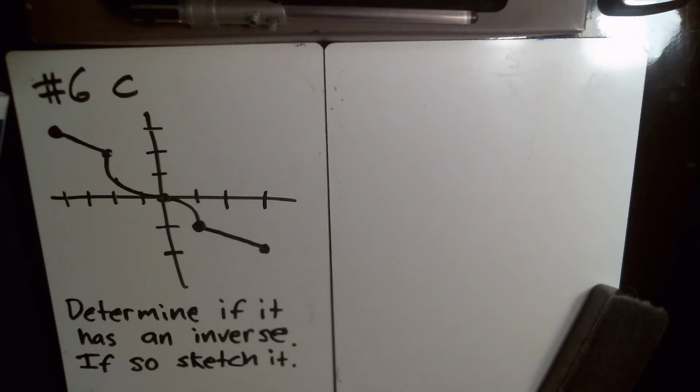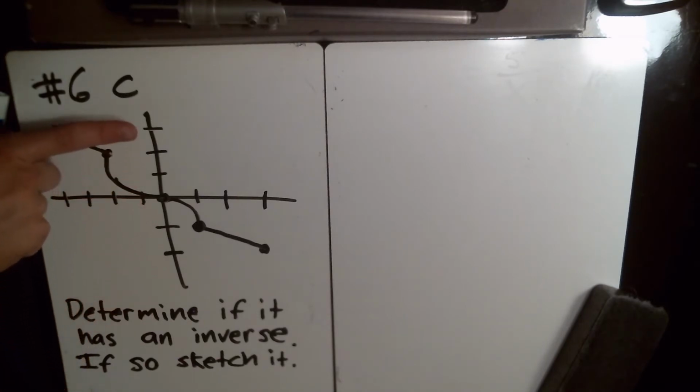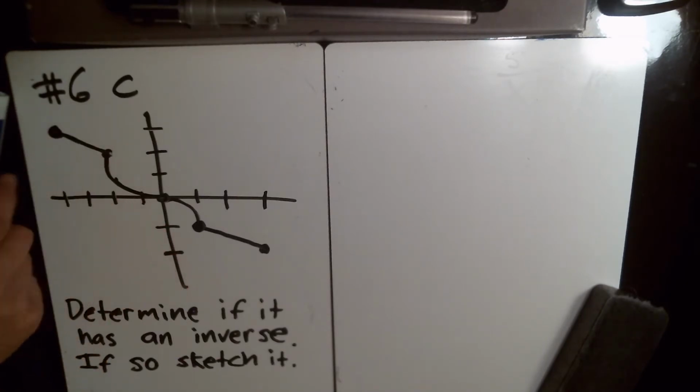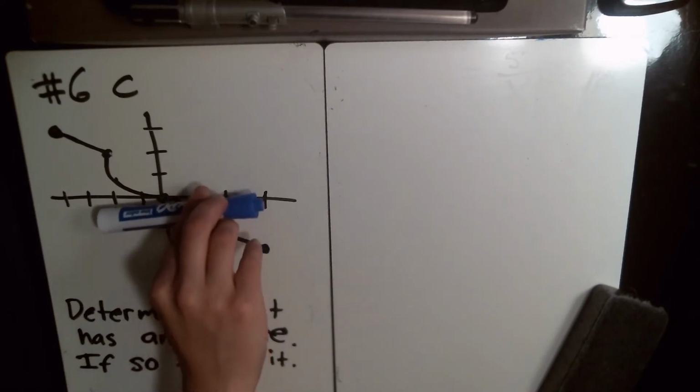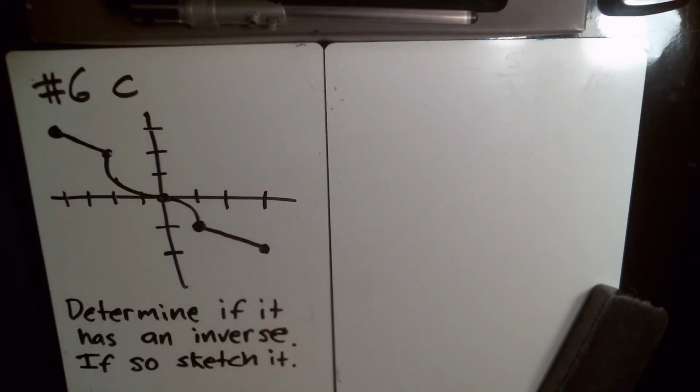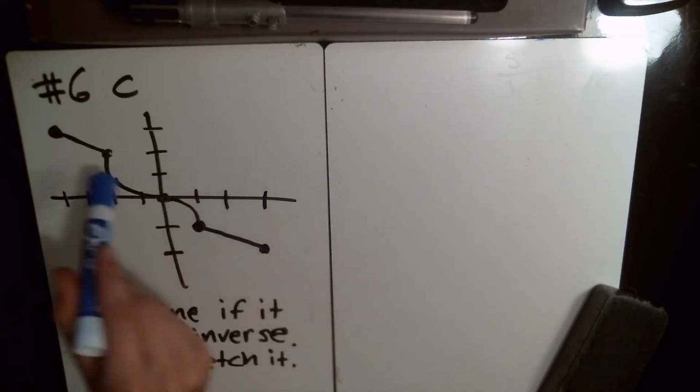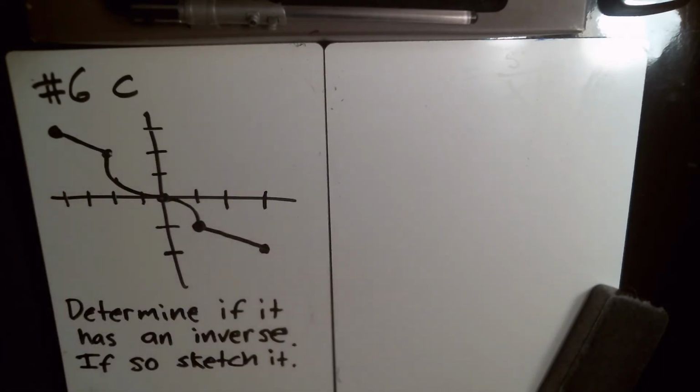To know that, we need to use the horizontal line test. So we're going to take horizontal lines and lay those down on our graph and see how many places it touches. Notice whenever you do a horizontal line, you're only touching once. And so this does have an inverse, okay?